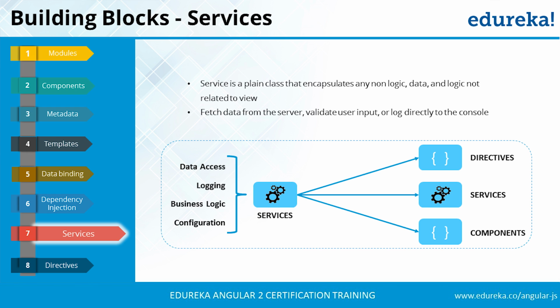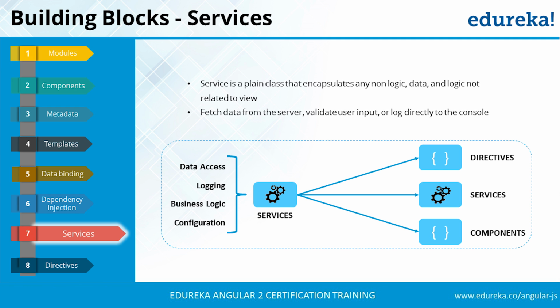So what are services and how does dependency injection actually work? Well, a very simple way of defining dependency injection is that it is a process where dependencies are created if they are not there and resolved if they are there and pushed into your dependent objects. So if a component class is dependent on a particular service, or a directive is dependent on a particular service, you would be able to inject it using the dependency injection process.